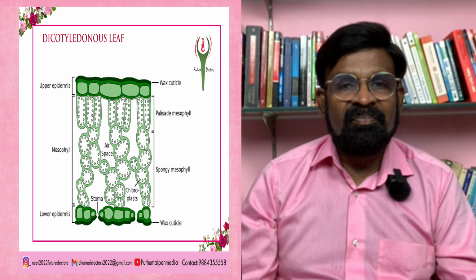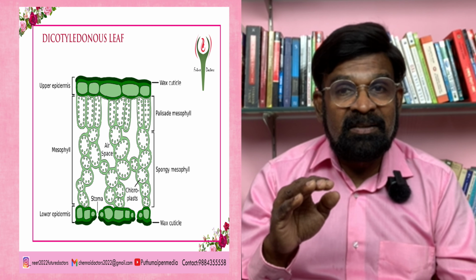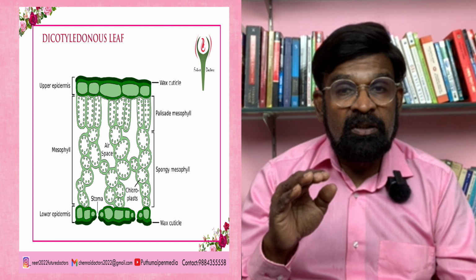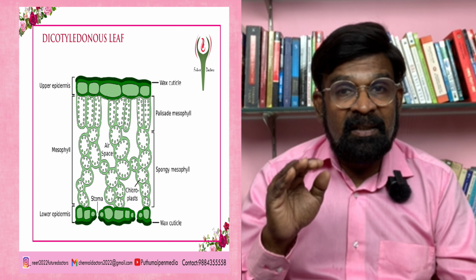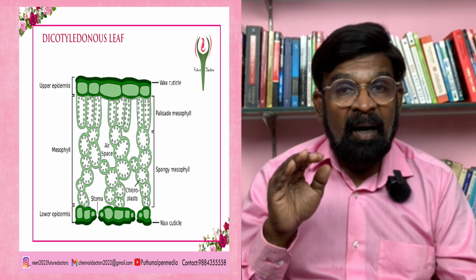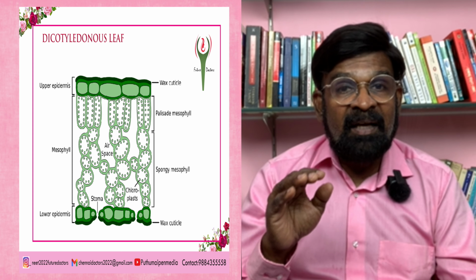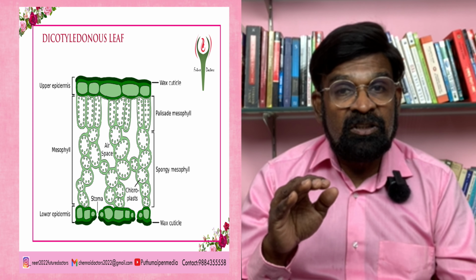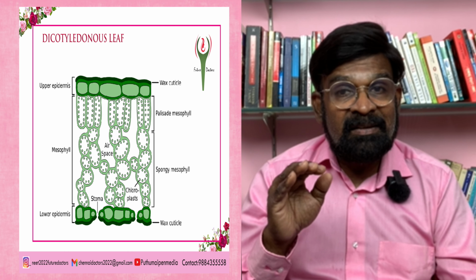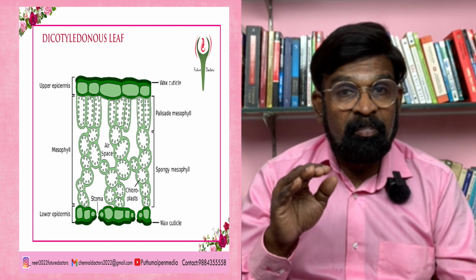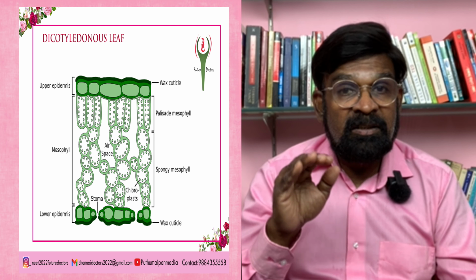Vascular system. The vascular bundles are conjoint, collateral, endarch and closed. Each bundle is surrounded by a bundle sheath of parenchymatous cells. The xylem consists of vessels or tracheae, tracheids, xylem parenchyma and xylem fibers.